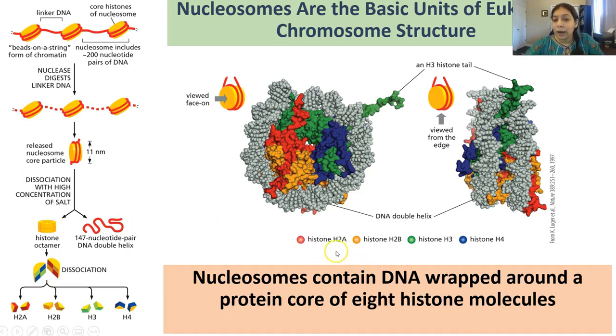You have 2 of each: histone 2A, 2B, histone 3, and histone 4 come together to create this nucleosome. And then histone 3, H3, has a little N-terminal tail that is used as a way to clip and hold the DNA together.